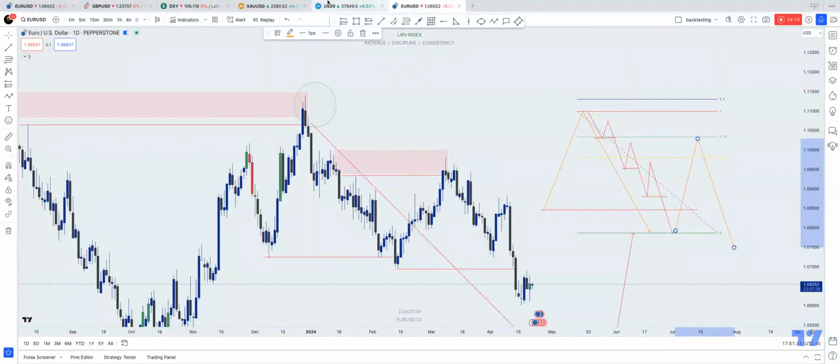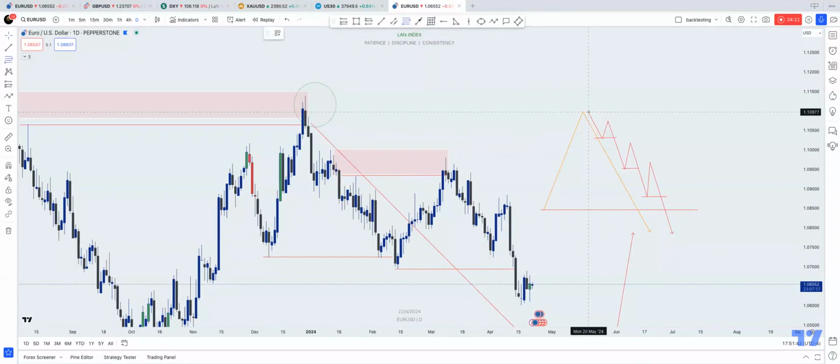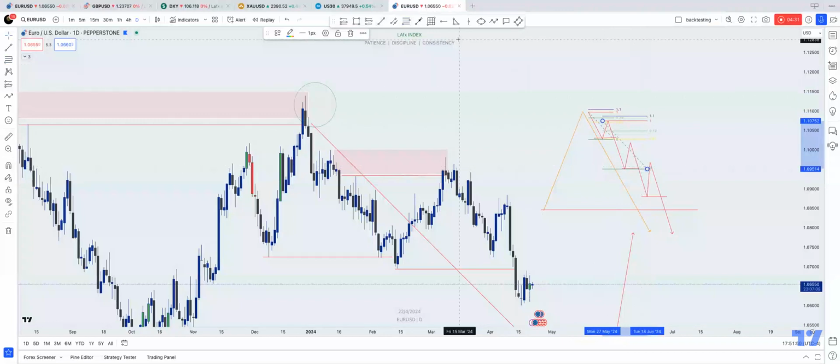So that means even if we're using fibs, we would expect to draw our fibs this way, right? From the high to the low, from the high to the low, and so on and so on, right?